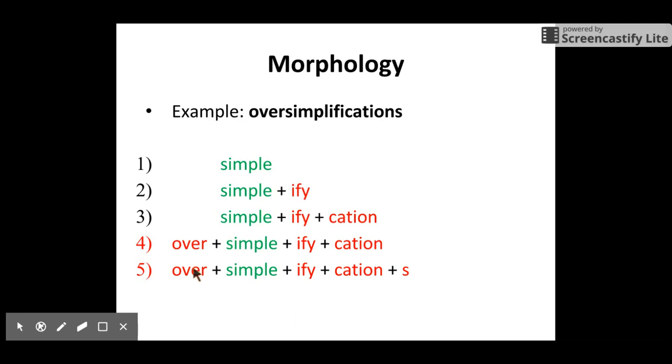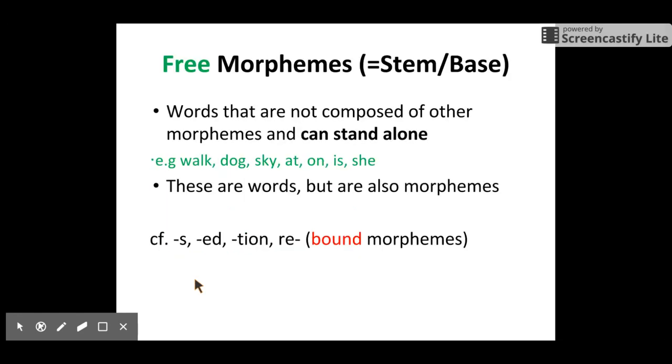So this is a single word. However, there are 5 morphemes within this single word. Okay. And here I'm going to introduce some classifications of morphemes.